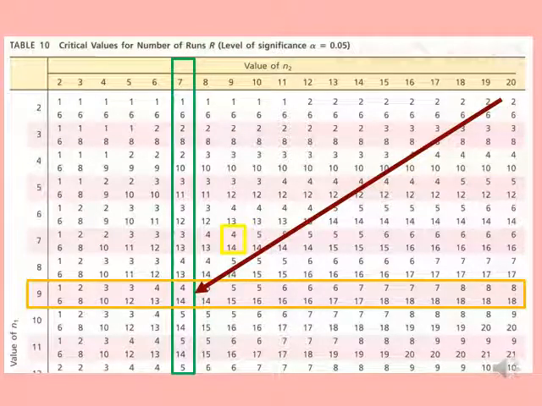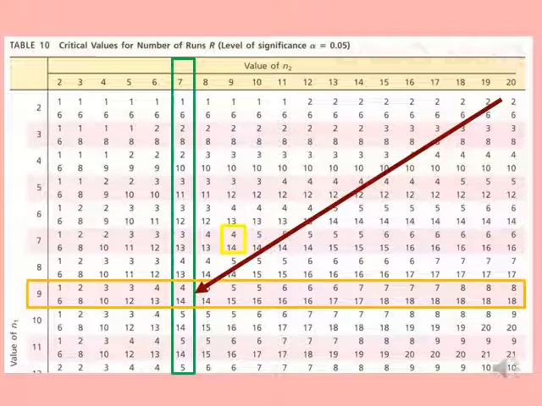So for instance, suppose I had 9 in one group and 7 in the other. I go to 9 at the left, 7 at the top, and where that row and column intersect, the numbers say 4 and 14. Now, we'll talk about what that means, but basically I'm going to find a number, and if it's between 4 and 14, we've got random data.